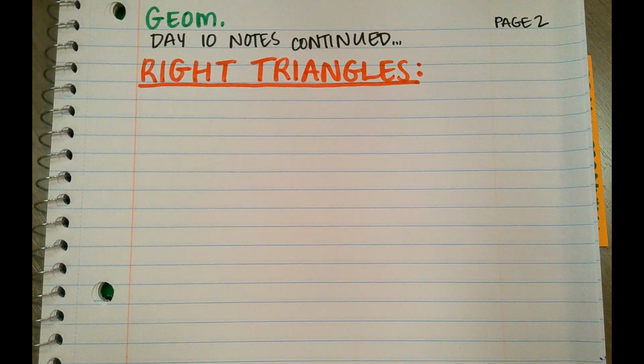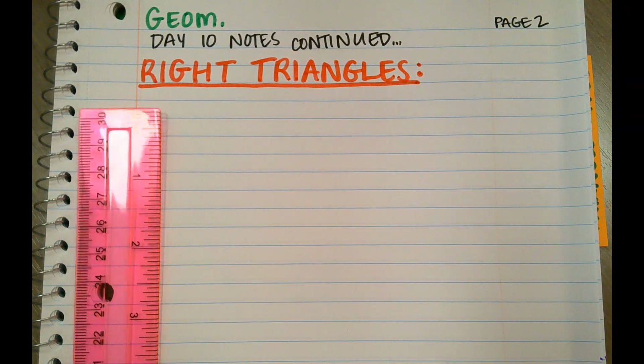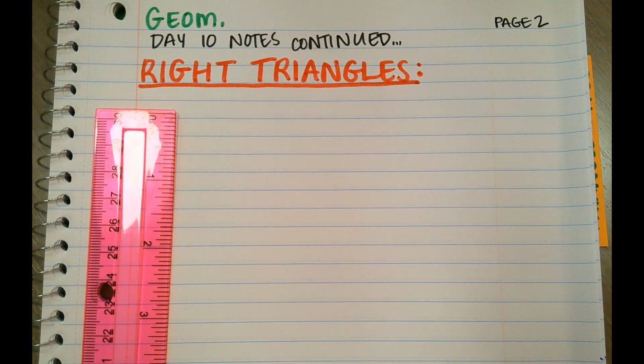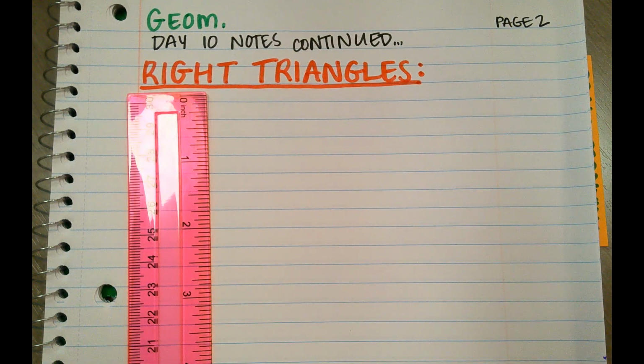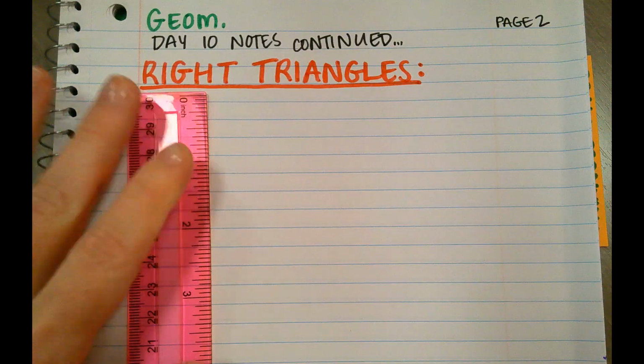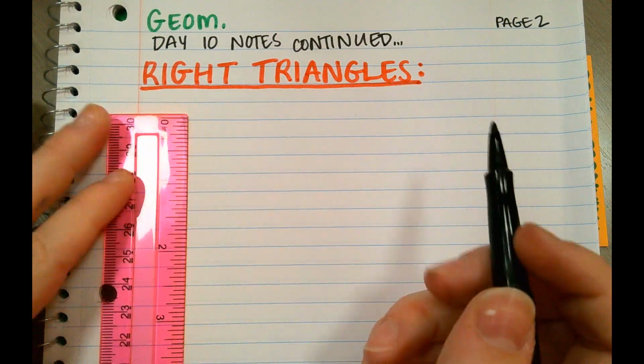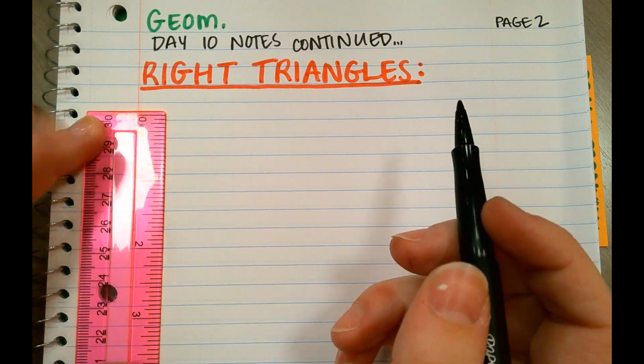Here is what I want you to do. We're going to draw another right triangle, but this time we're going to make it a little bigger. So I am going to make the first leg, the one that goes straight up and down, 2 inches.